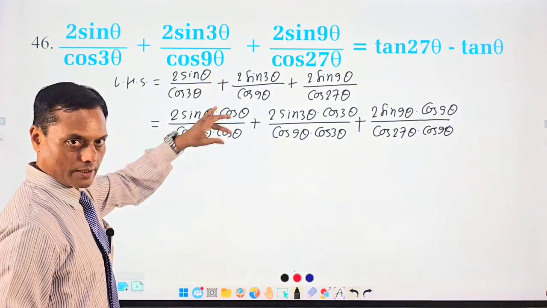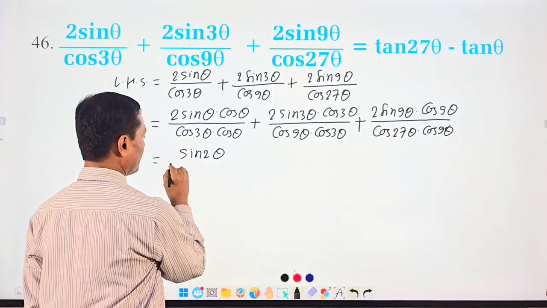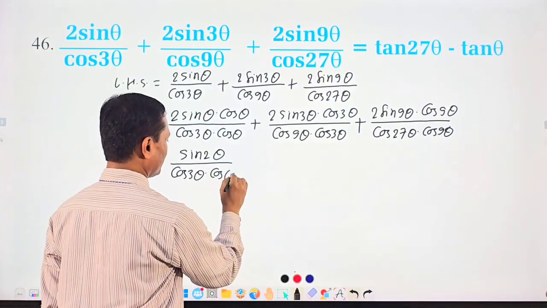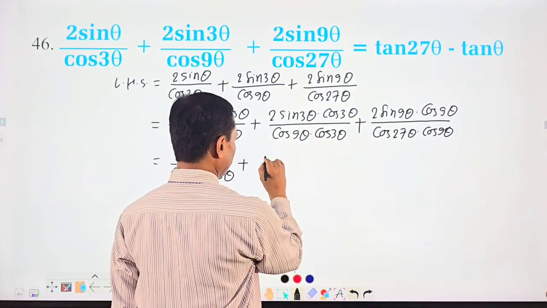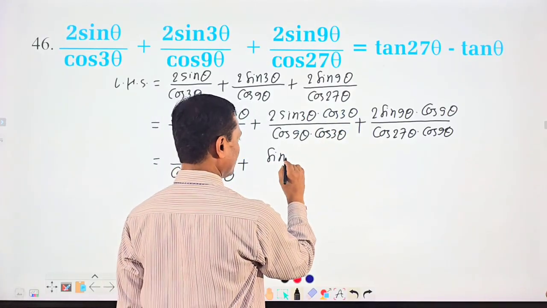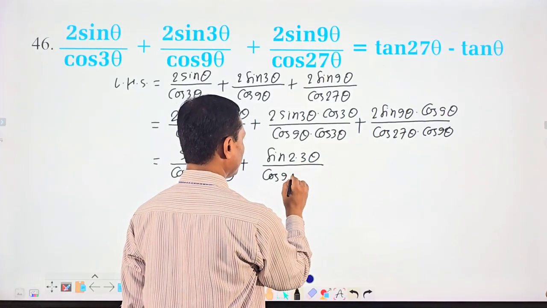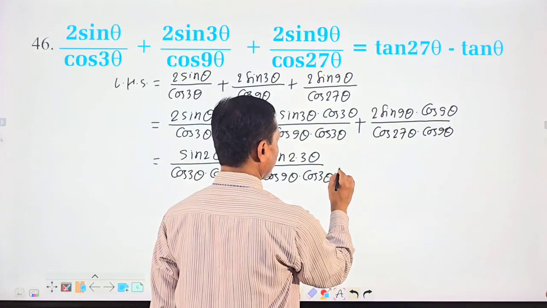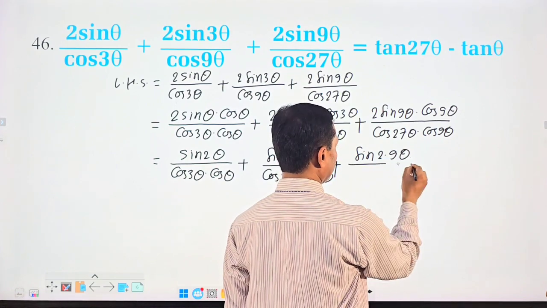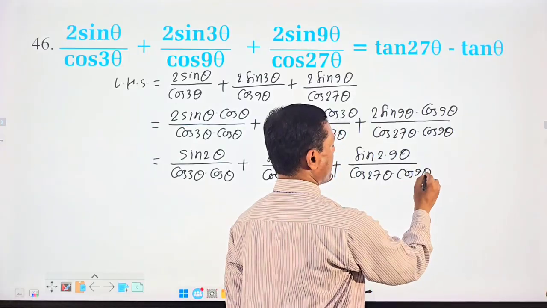2 sin A dot cos A, that is sin 2A, so we write here sin 2 theta. It's correct here as it is cos 3 theta dot cos theta. Here also we can write sin 3 theta into 2, that is 2 dot 3 theta, that is cos 9 theta into cos 3 theta, plus here also sin 2 dot 9 theta, that is cos 27 theta dot cos 9 theta.